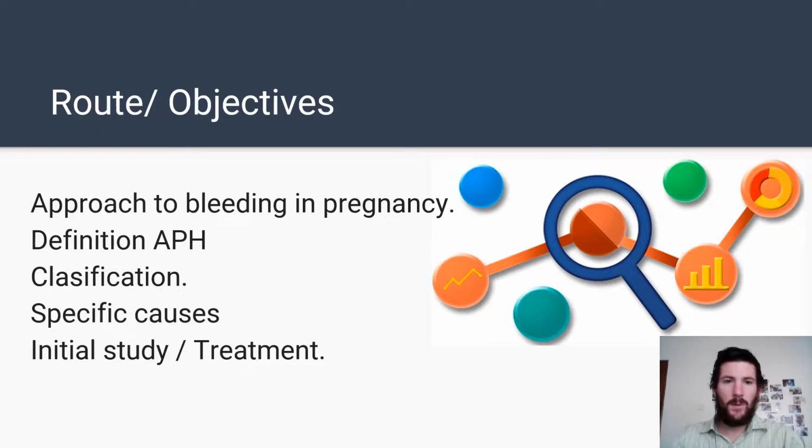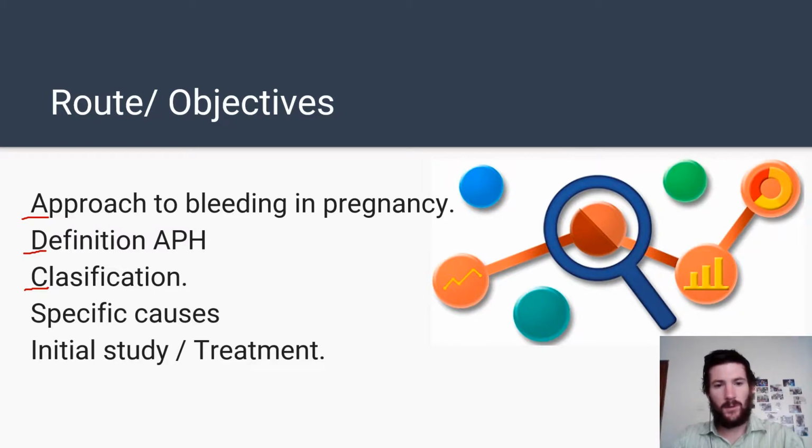The things that we will check in this class, the objectives, are: we're going to review how to approach bleeding in pregnancy with the 5 questions. Then the definition of antepartum hemorrhage. Also, we're going to talk about all the different causes of antepartum hemorrhage, and we will teach you a mnemonic word that can help you remember all the causes and never forget one.